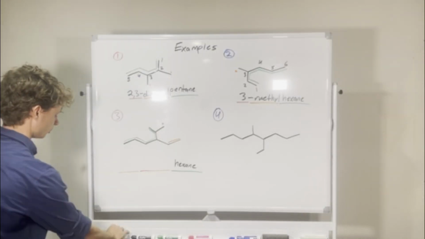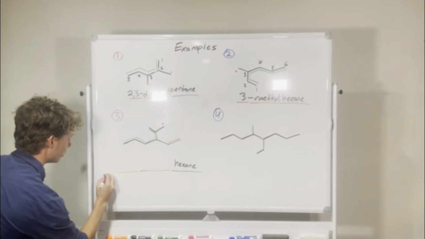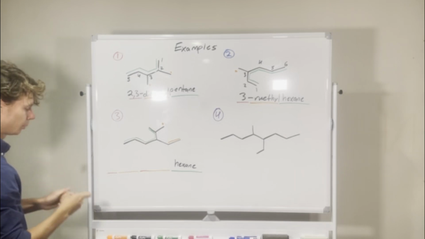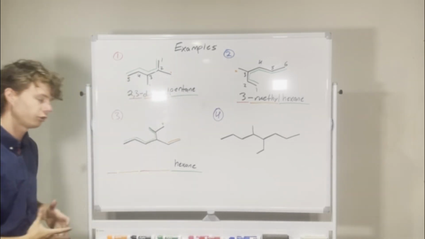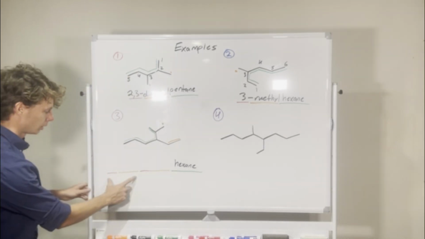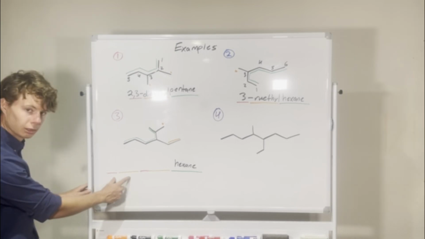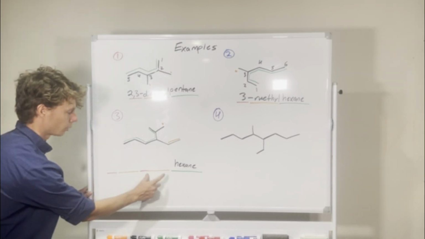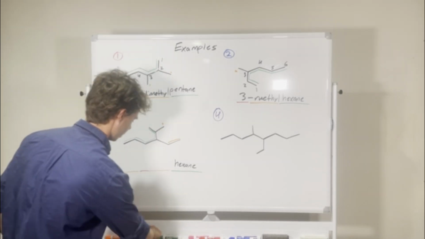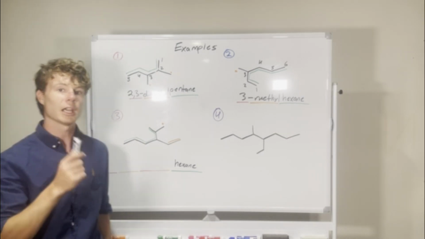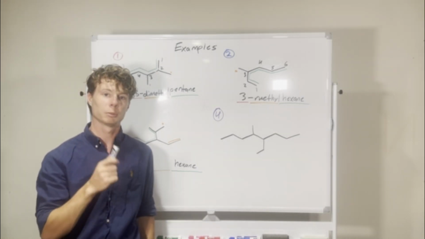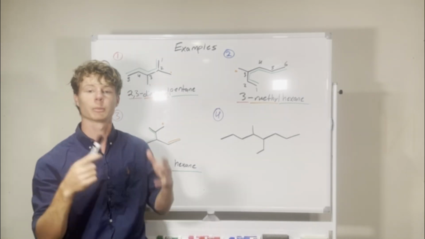So I have two different kinds of prefix, two different kinds of substituents outlined here. Here's the number for my ethyl group and the number for my methyl group. Again, I'm choosing my ethyl group first because E comes before M for methyl group, alphabetical order.